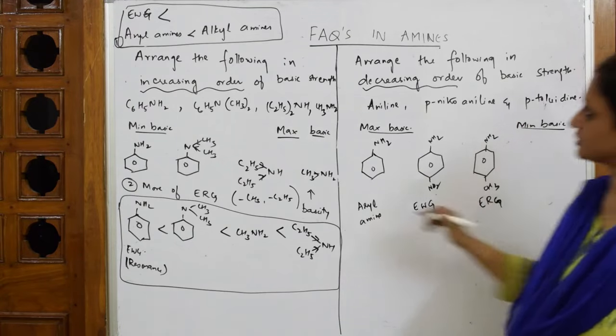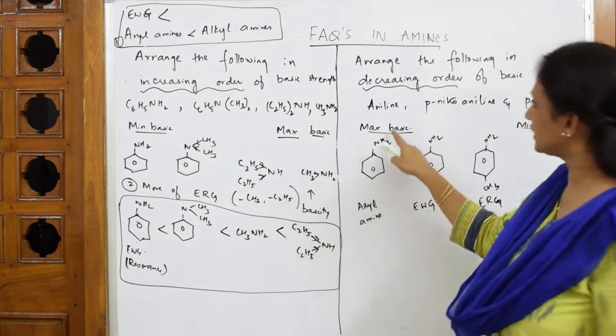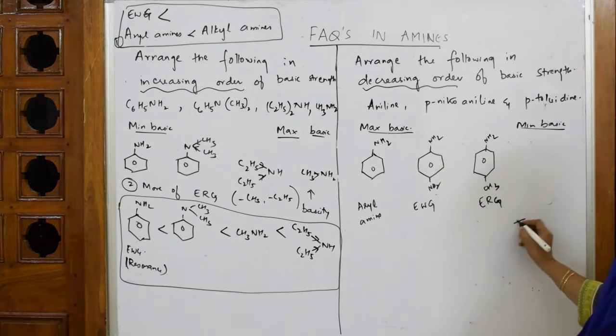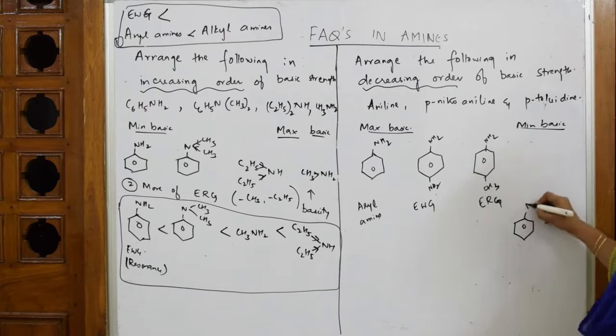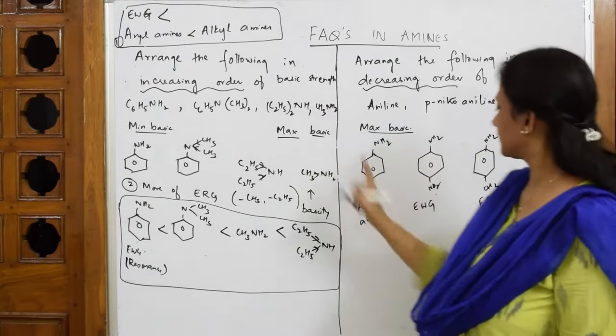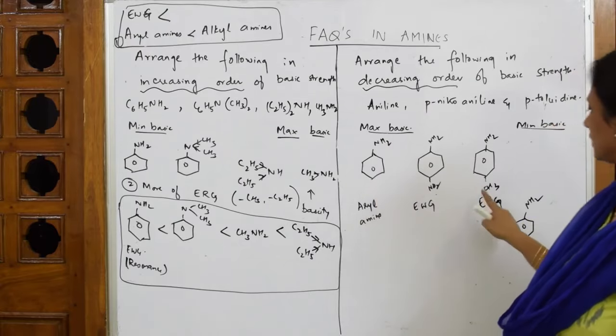Now come back to the sequence. First, the least basic would be the EWG one. So what should I write? Maximum should be here, least should be here. So the EWG group is least basic. Done. Next, I have to compare between this and this. The maximum basic in these two is what?